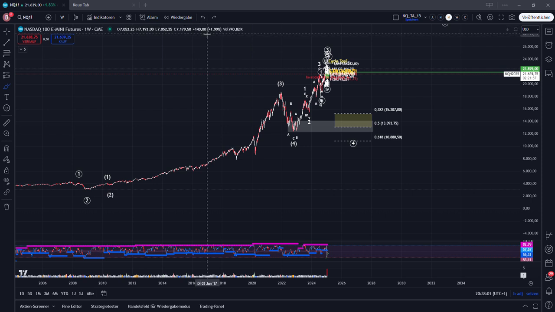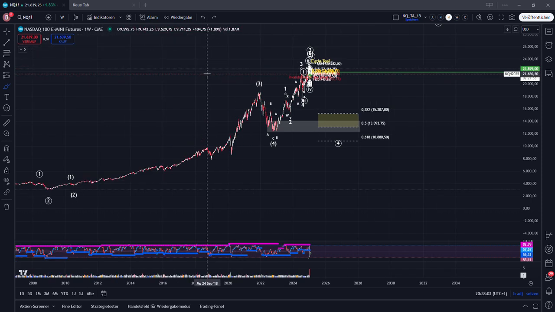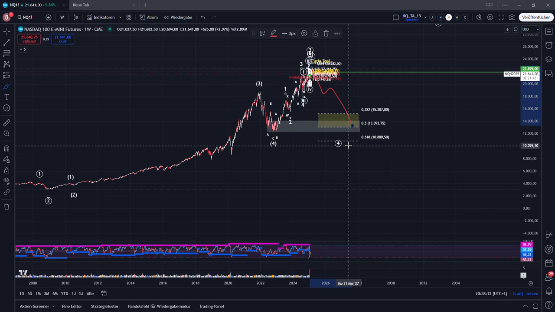And what do we expect? So the question was, what do we expect afterwards? At the moment, I consider that when we topped here, we should get an ABC structure for this primary wave 4.